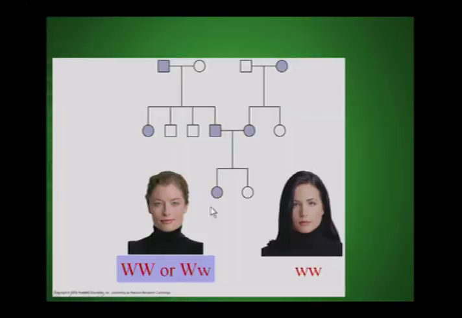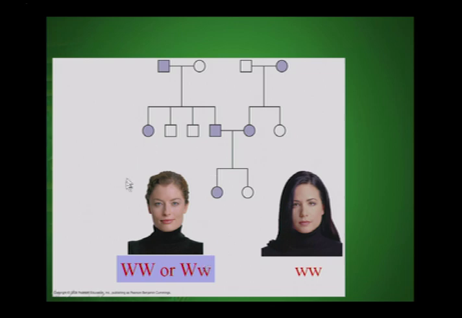One example in humans is widow's peak. The widow's peak is this kind of V-shaped hairline, as opposed to a smooth hairline. As it turns out, widow's peak in humans is dominant over a straight or smooth hairline. We're going to assume complete dominance.